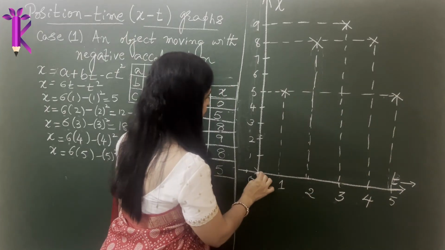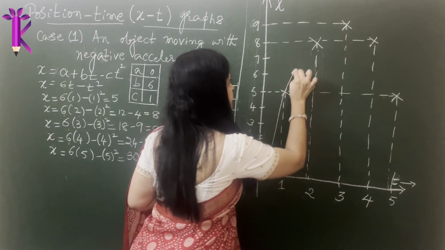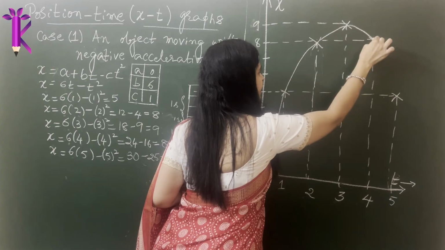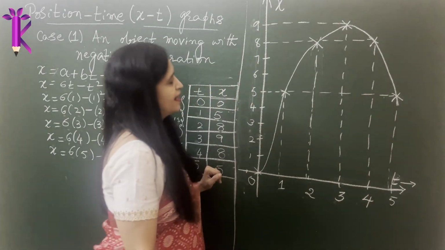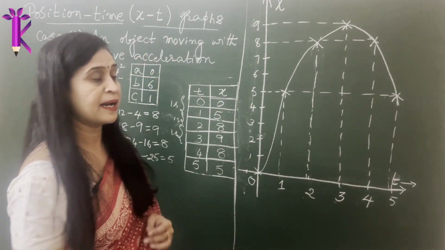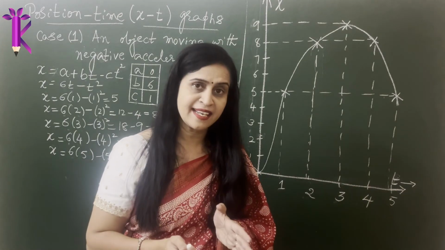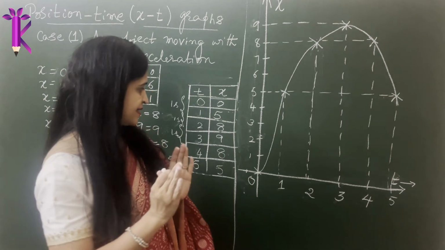Now if you plot this, it increases, almost flattens and comes down. It's an inverted parabola of x versus t for negative acceleration.